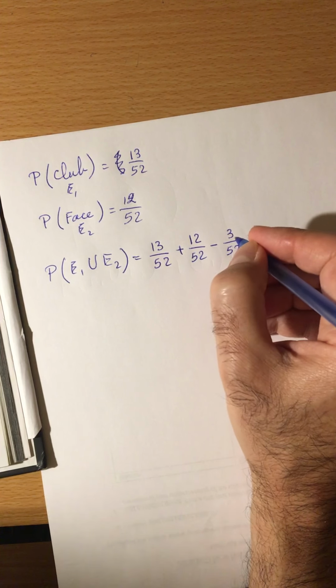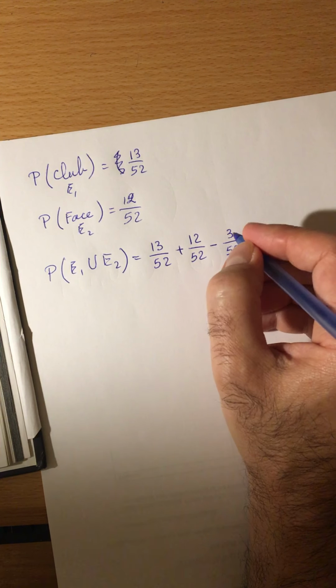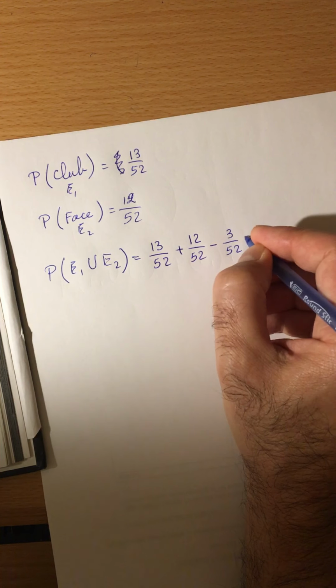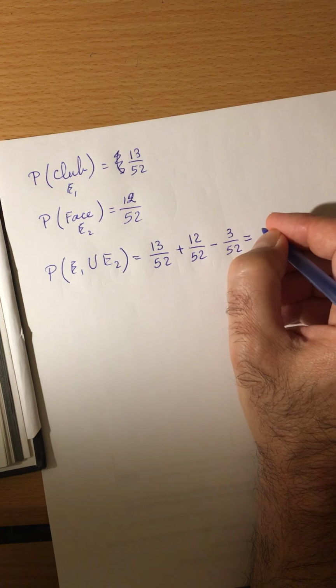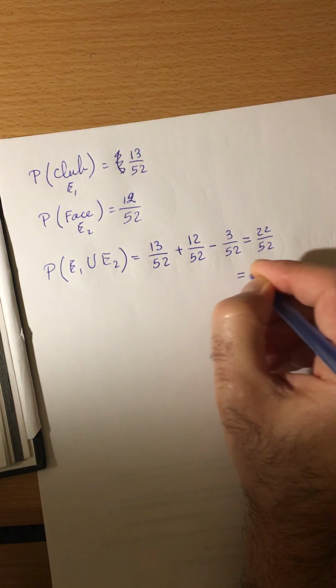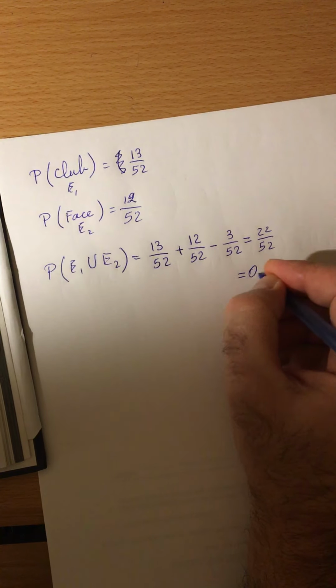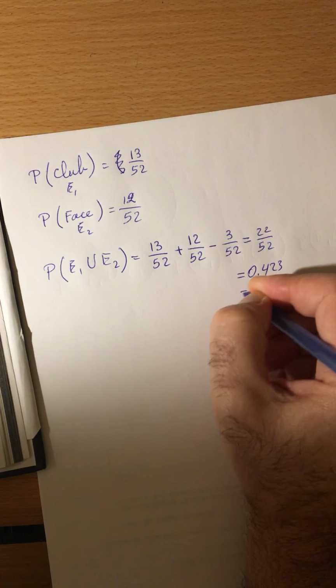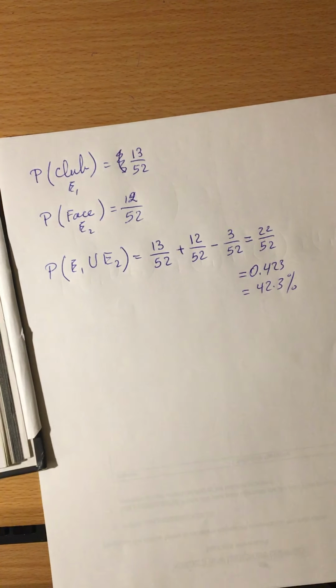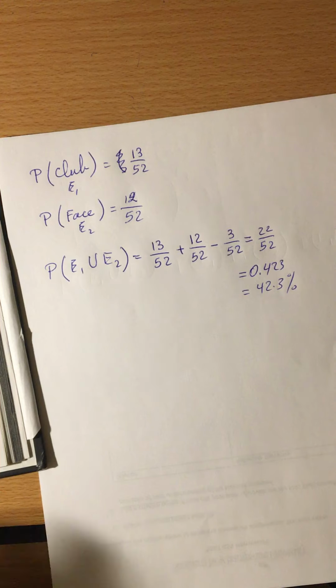Okay, so that's 25 minus 3, that's 22 out of 52, which is equivalent to 0.423 or approximately 42.3%. The probability of drawing a club or a face card is 42.3%. Okay.